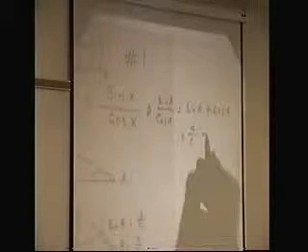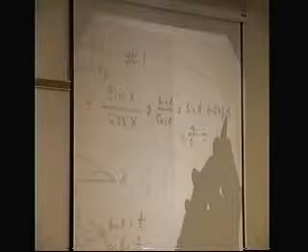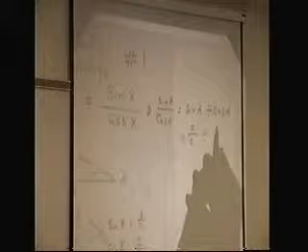Sine of A divided by the cosine of A. When we talk about fractions, it's usually easier to do this, isn't it? What was the sine of A? A over C. The cosine of A? B over C.